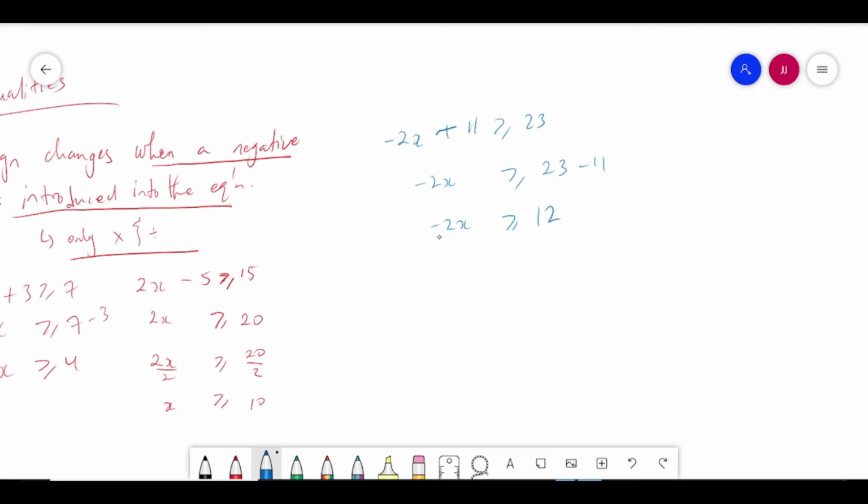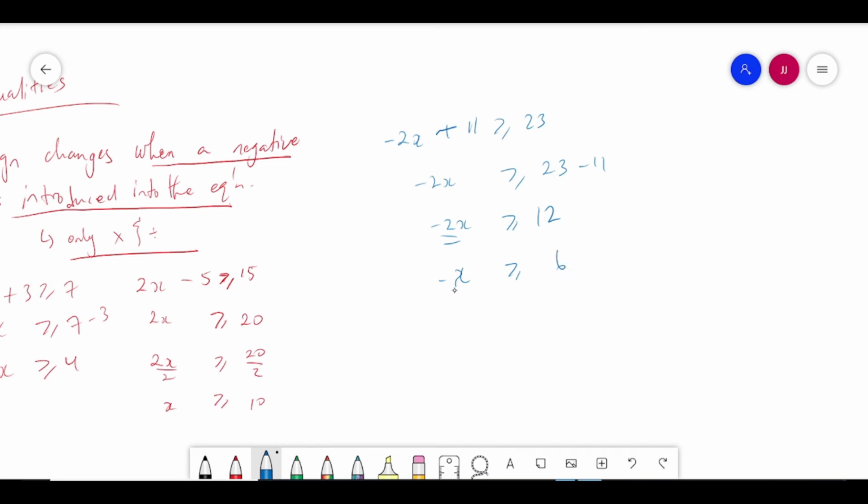And because we have a negative here, and we're dealing with division in this case, it will be minus x is more than or equal to 12 divided by 2, which will be 6.